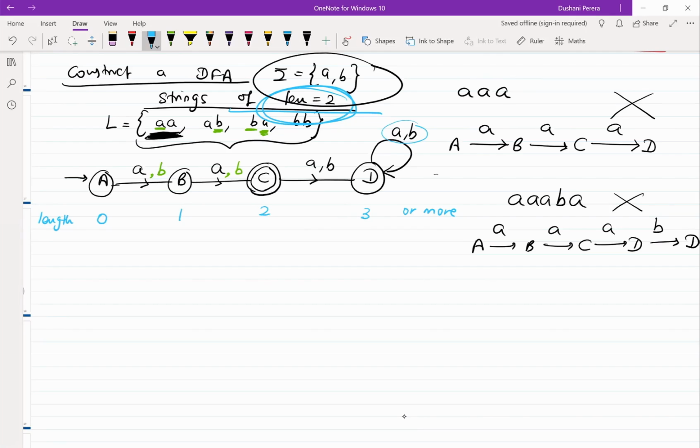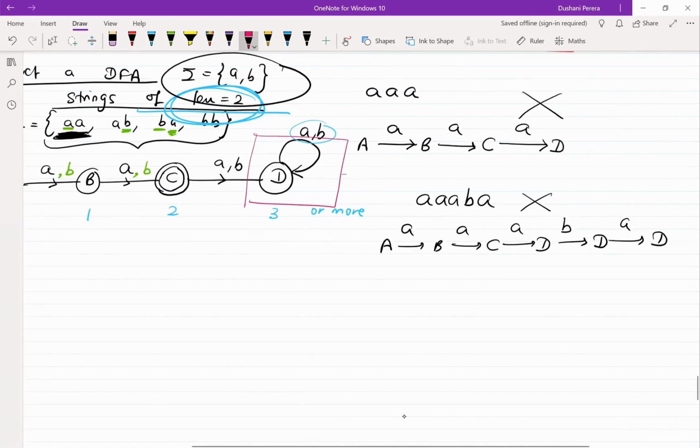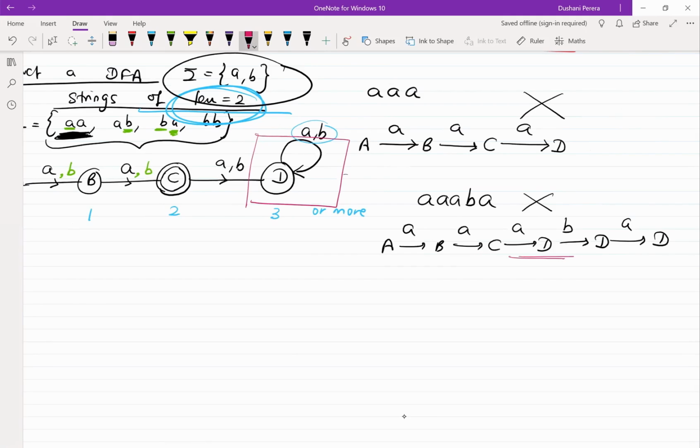Okay, so now this particular state D, if somebody goes to D, there's no coming back. You saw here that when these people got to D, there's no coming back. Beyond that, it's D itself that repeats. Because of that, we call this state a trap state.